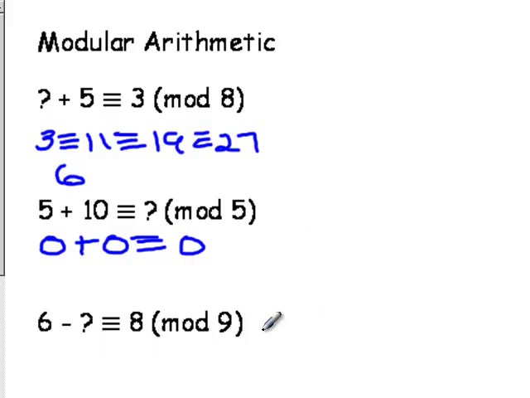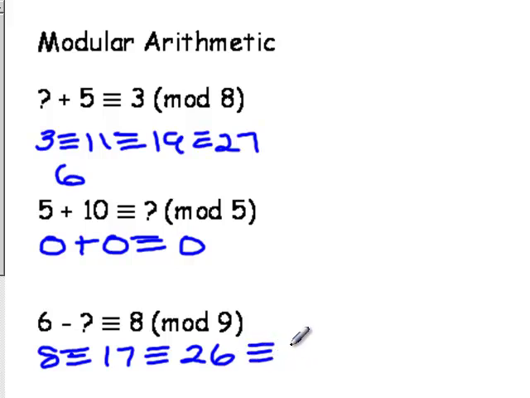I would write all the numbers that are congruent to 8 in mod 9. So 8 is congruent to 17, to 26, to 35. Okay.